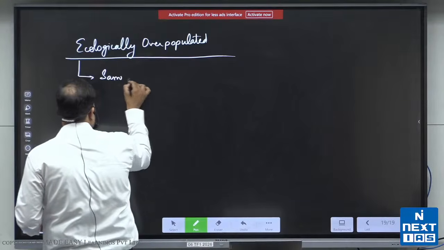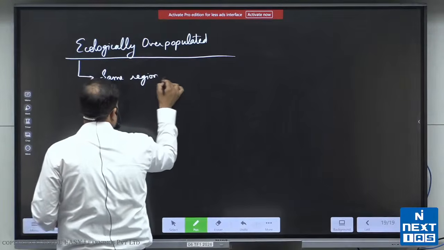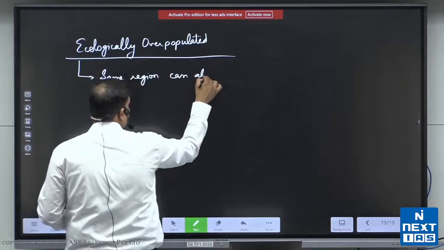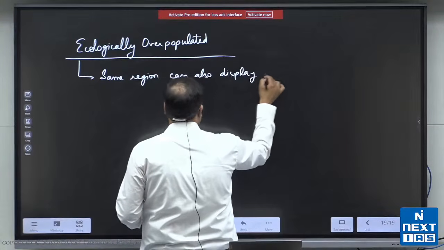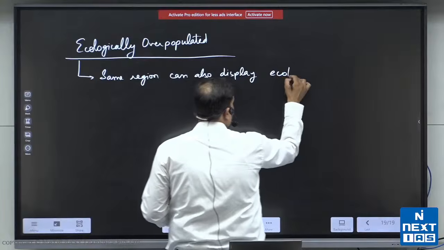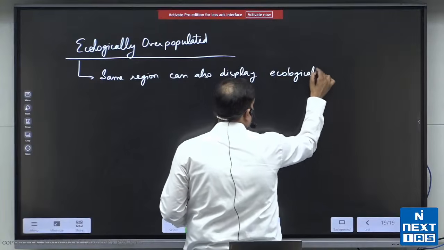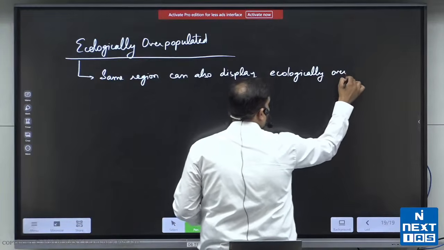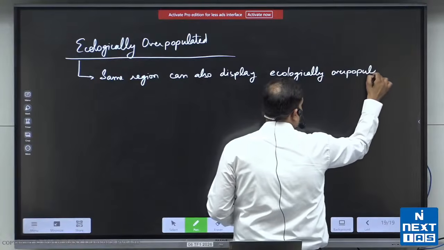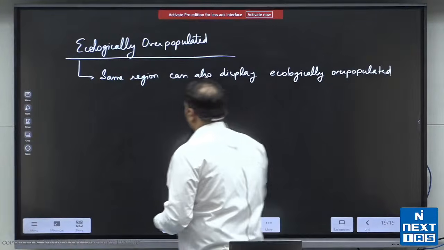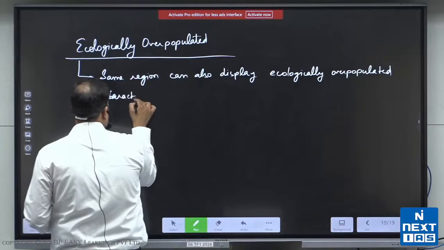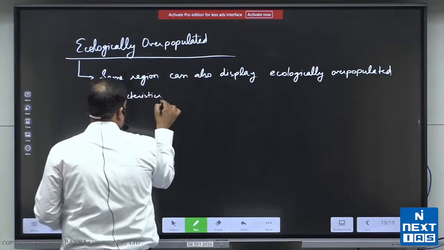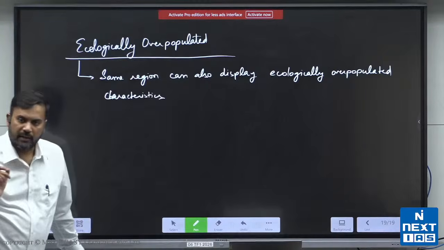Same region can also display ecologically overpopulated characteristics. Ecologically overpopulated characteristics.